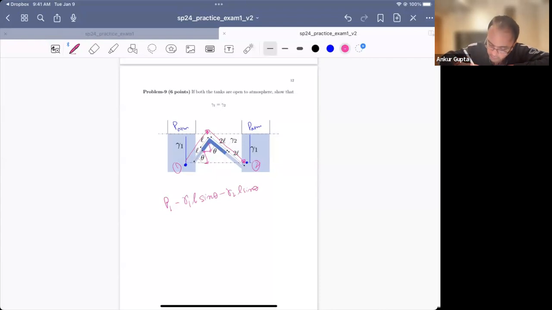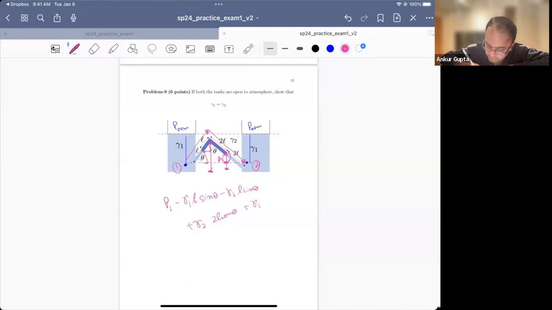Now we'll start going down from here. We'll get plus gamma 2 2L cos theta. And then we have plus gamma 1 times height h. Now this height h is something I don't know. I know the height until this point, but I don't know this height h. So one way to think about this is this height is this height, right?